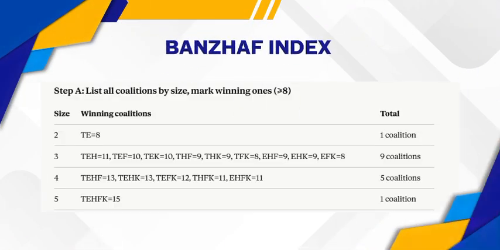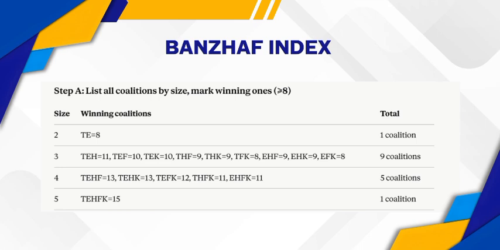To figure out what actually holds the real power, we use something called the Banzhaf Power Index, and the first step is we list every single possible coalition, every possible combination of faculties working together, and check which ones actually reach that winning threshold of 8 seats or more.